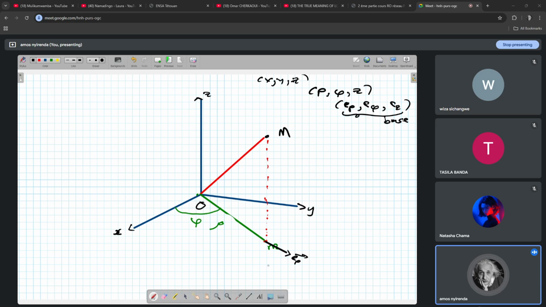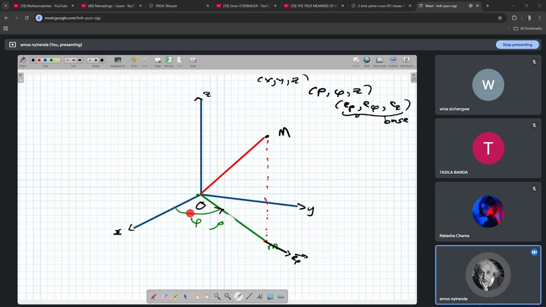This is the unit vector, and then the unit vector here: phi increases in this direction. So when we are here, phi is 0, but it keeps increasing until we reach this point. Let me maybe use a pointer so that you see what I'm talking about. Phi is 0 somewhere here, but then as we go, it increases in this direction.